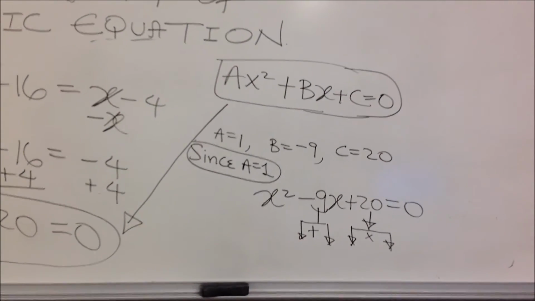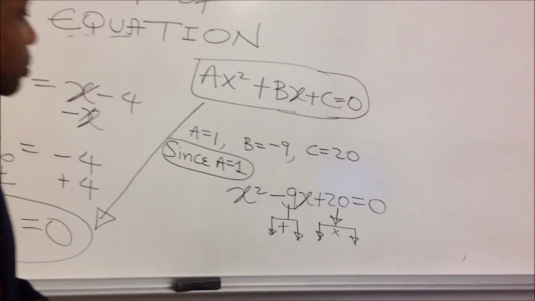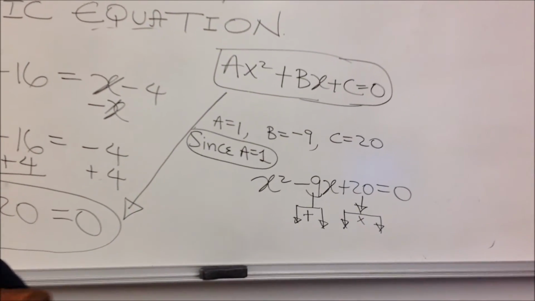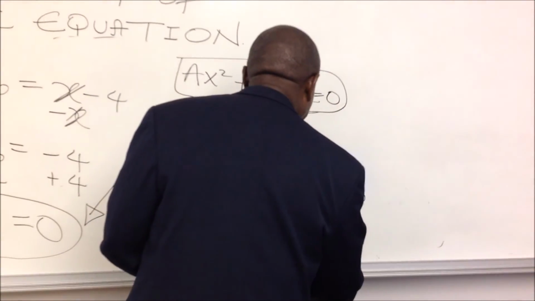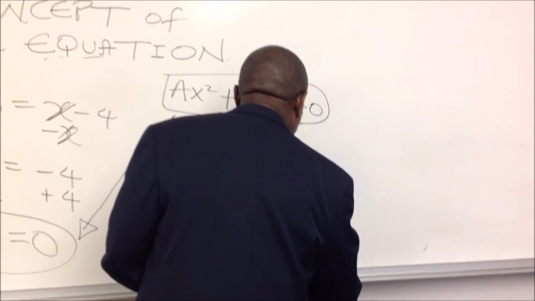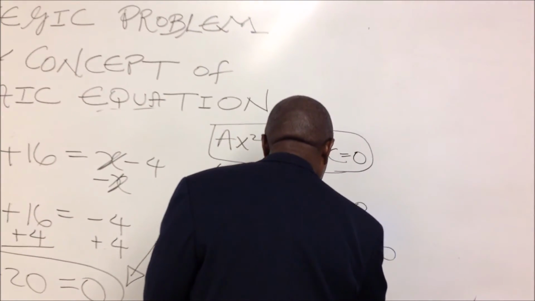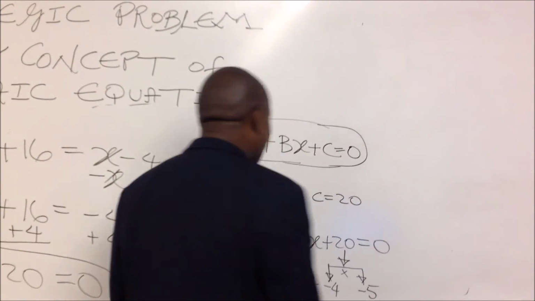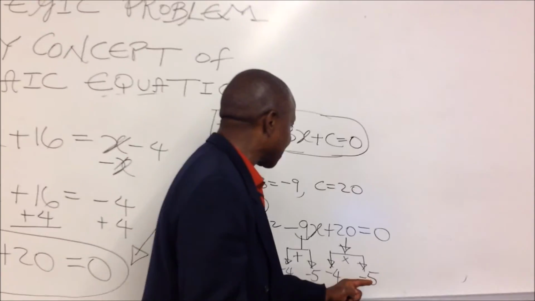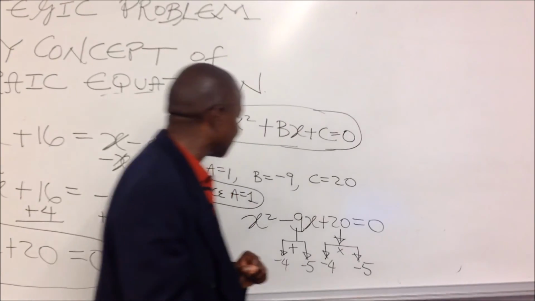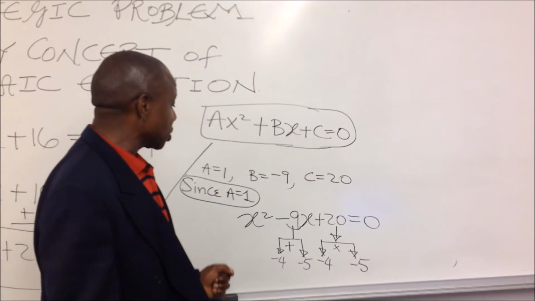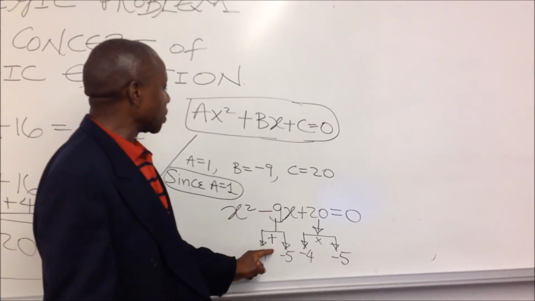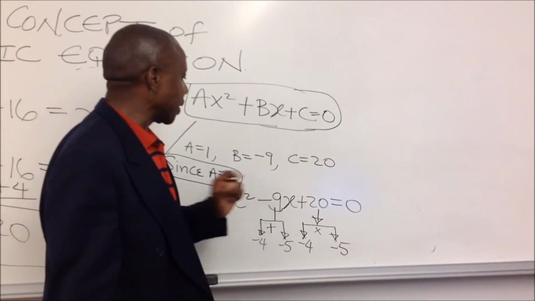Well, I think the two numbers will be -4 and -5. Why? Because -4 times -5 is 20. And of course, -4 plus -5 is -9.